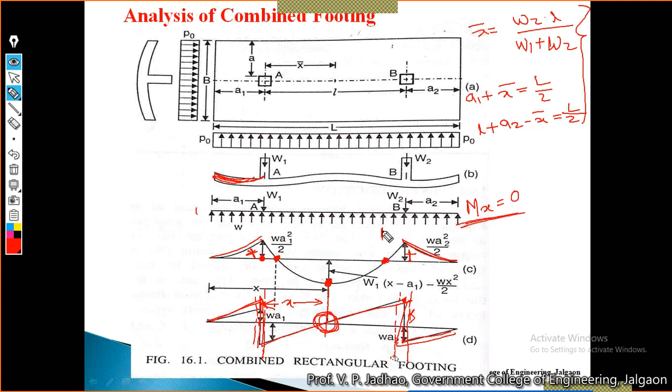Just take a section xx here, calculate the bending moment, and equate that bending moment to 0. We will get the value of x, and this is how we will get the point of contraflexure.